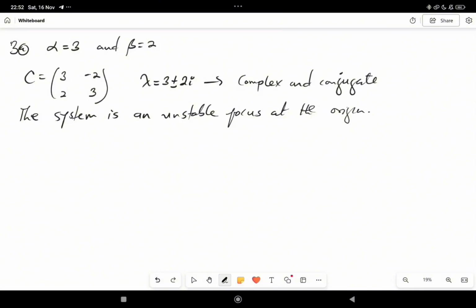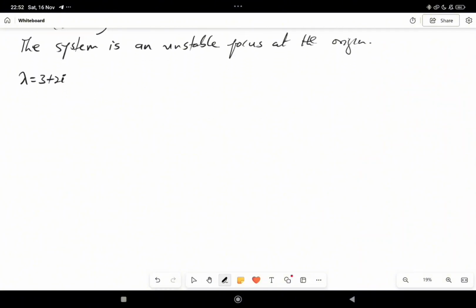Next, we are going to find our eigenvectors. We're going to use the positive part of the eigenvalues to solve it. So we are going to use lambda equals 3 plus 2i. The expression for finding our eigenvectors is (A minus lambda I) times our eigenvector v equals 0.